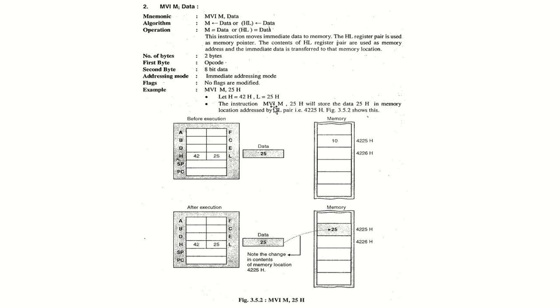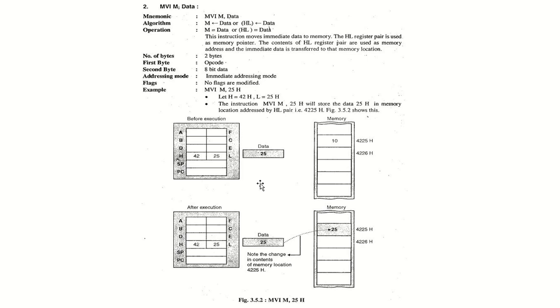So it will store 25H in, see what does H do? H indicates the higher bytes and L the lower bytes, right? So, sorry, lower bytes and higher bytes, sorry.